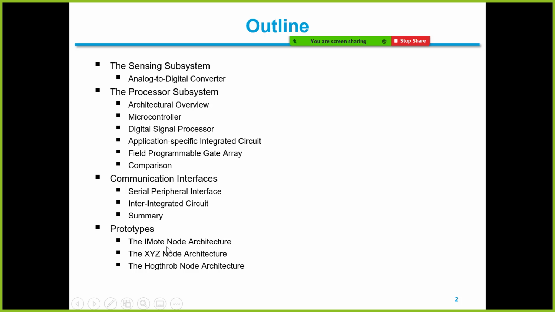And at the end, we will introduce some prototypes of sensor nodes. One is the I-mode node architecture, the XYZ node architecture, and the Hawk-Thorpe node architecture. Actually, there are some other node architectures.